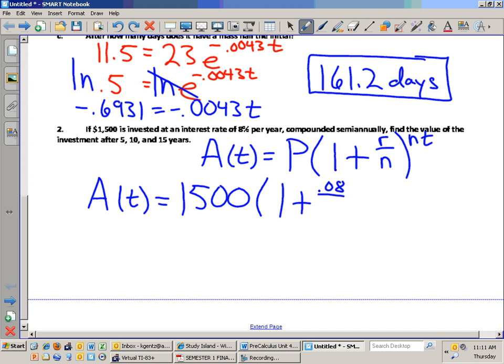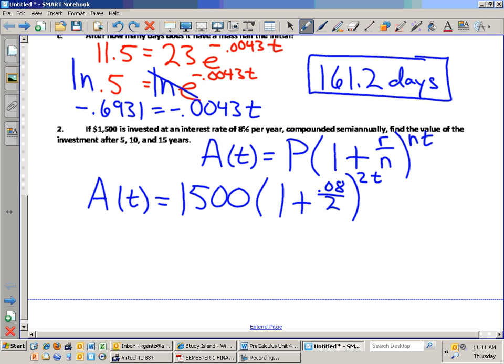Twice, semi-annually. Semi-annually means twice a year. To the 2t. Yep. So t is where we plug in 5, 10, and 15.